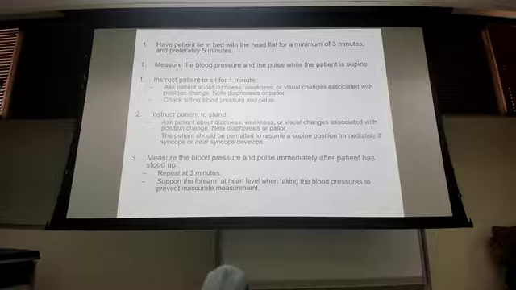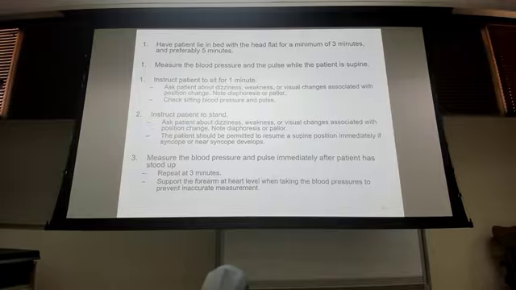And the big takeaway is within 3 minutes, and it's on the next slide, when you go from lying to after standing for 3 minutes, so you're lying, then you're sitting, then you're standing, and if there's specific changes for the systolic or diastolic blood pressure or increase in the pulse rate, and I'll give you the specific parameters, but basically after 3 minutes of standing, when you follow this, if the systolic drops 20 millimeters of mercury or more, or the diastolic drops 10 millimeters of mercury or more, or the pulse rate increases by 30, then this patient is fluid deficient.